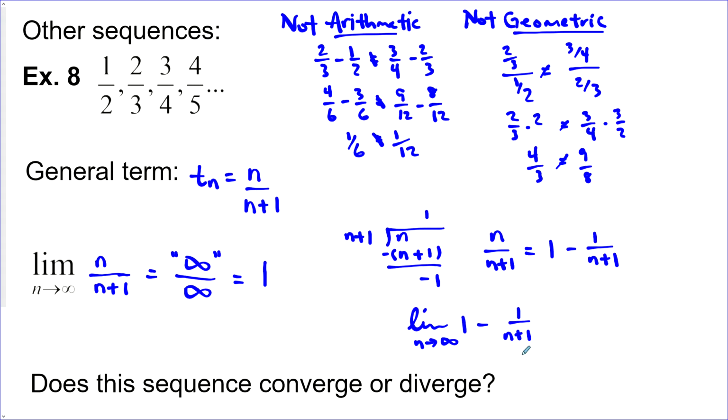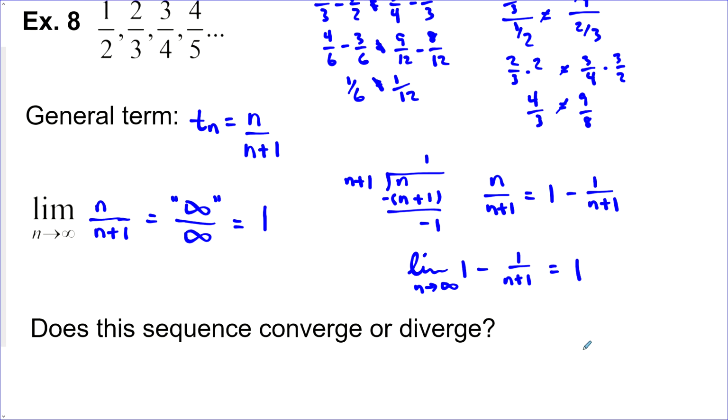And this term here is 1 over infinity, which, as we saw in the last example, goes to 0, or approaches 0. So 1 minus approaching 0 is just 1. Does this sequence converge or diverge? Because it approaches a value here, we would say that this converges.